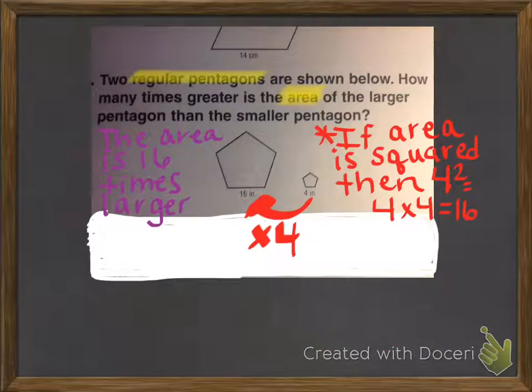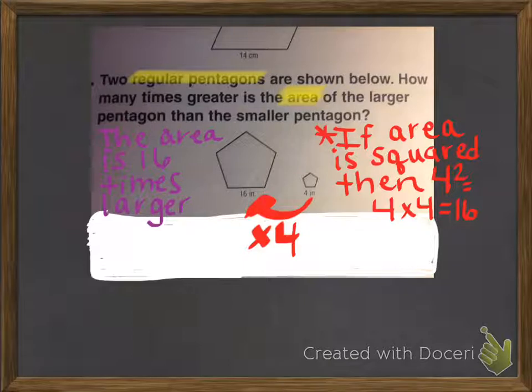Moving along to question number 2 on the quick check. 2 regular pentagons, highlighted that they are regular, meaning all sides are equal, all 5 sides of the pentagon. How many times greater is the area? Now, the effect on the area is different than the effect on the perimeter. Okay? So if the area is squared, then you have to square the change in size.